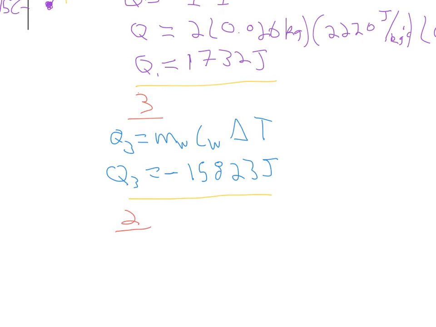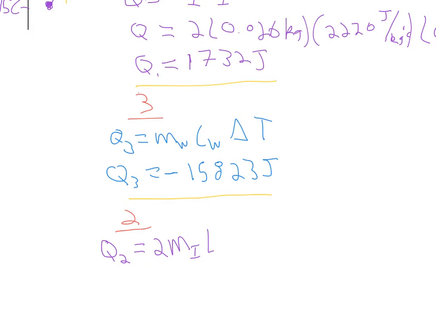Okay, so now we have melting ice, so we want to look at how much energy it would take to melt all of the ice. So to melt 100% of the ice, the energy it would take would be equal to the mass, the total mass of the ice that we have. Actually, let me rewrite that. So based on what I had at the beginning, it's really 2 ice cubes that each have the mass of a single ice cube, multiplied by the latent heat of fusion for the ice.